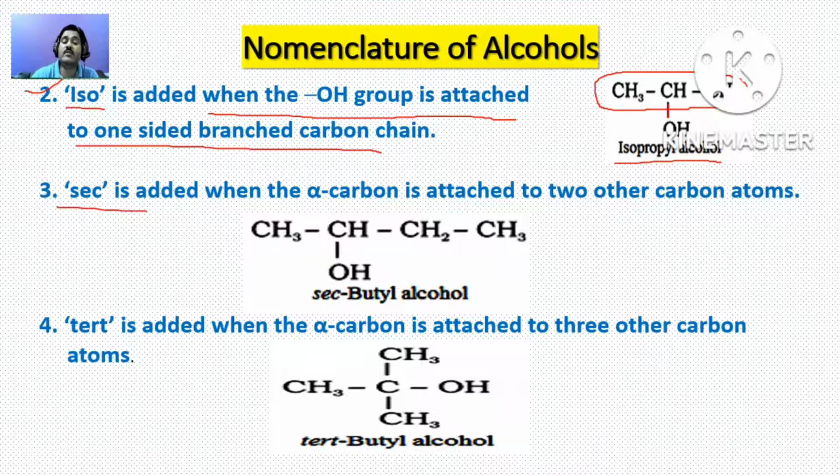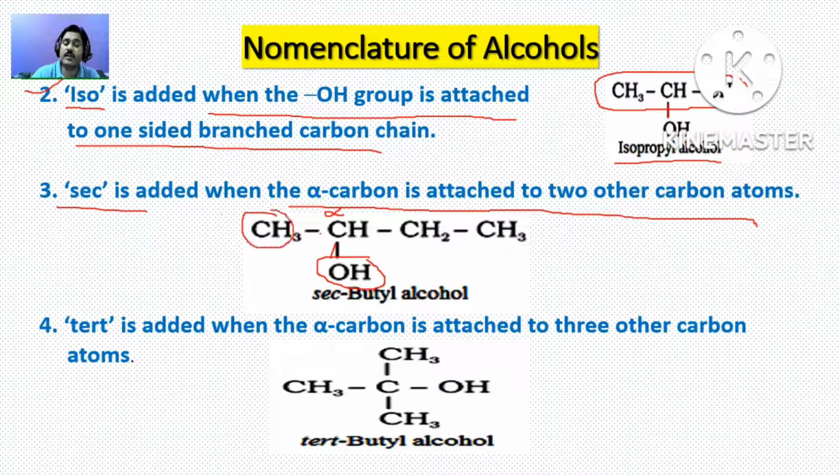Similarly, the word secondary will be used when the alpha carbon is attached to two carbon atoms. Here the OH functional group is combined with that carbon, which is called the alpha carbon. Here the alpha carbon atom is combined with one methyl group.